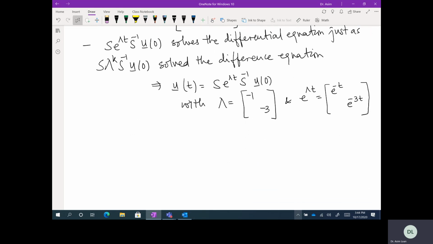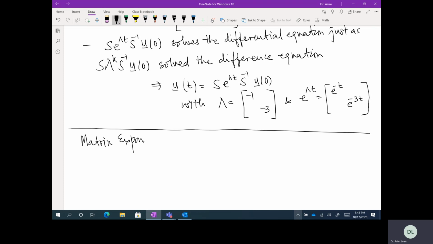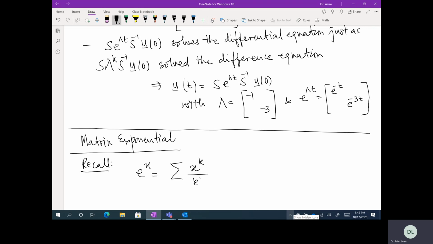Okay, so what is the matrix exponential? How do you compute the matrix exponential, e^(At)? Recall, maybe we do it before we do that. What is e raised to the power x? e^x is the series sum of x^k over k factorial, k from 0 to infinity, which is equal to x^0, which is 1, plus x squared over 2 factorial plus x cubed over 3 factorial, and so on.